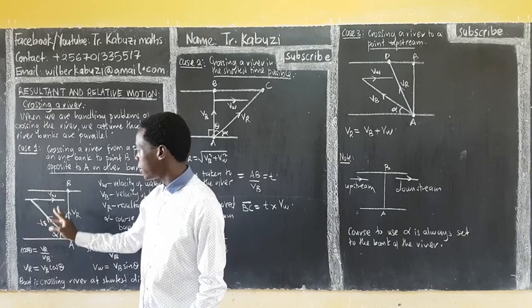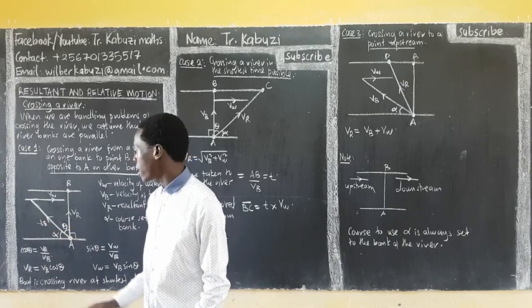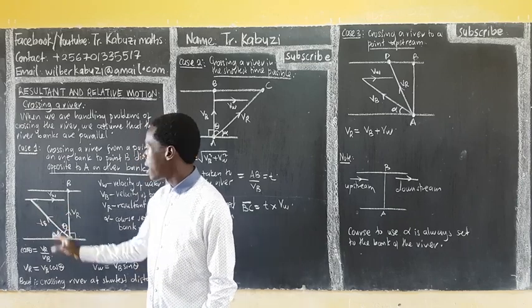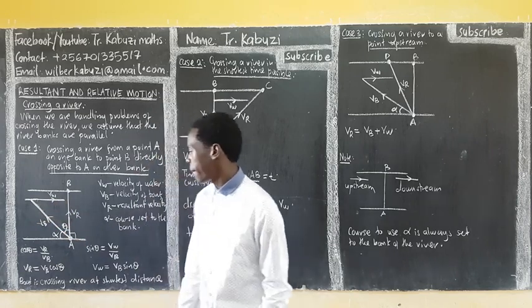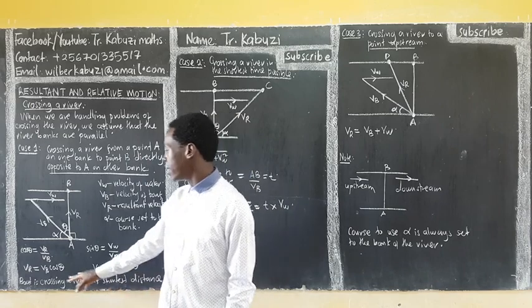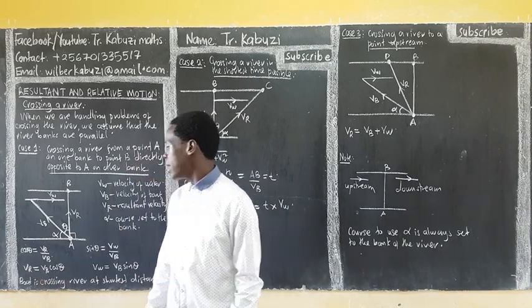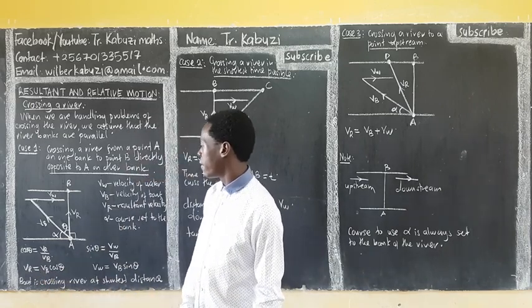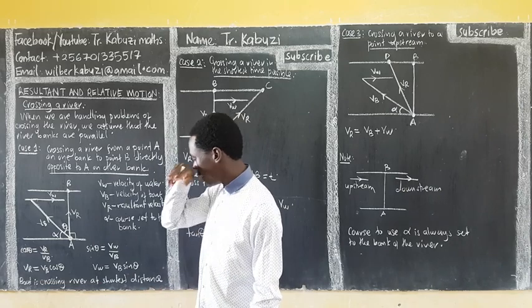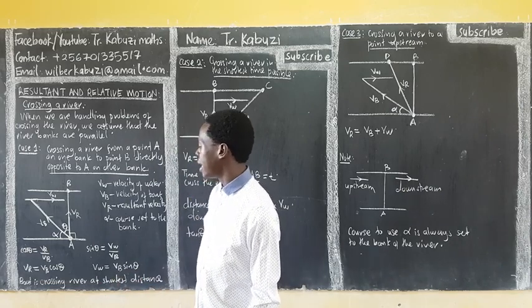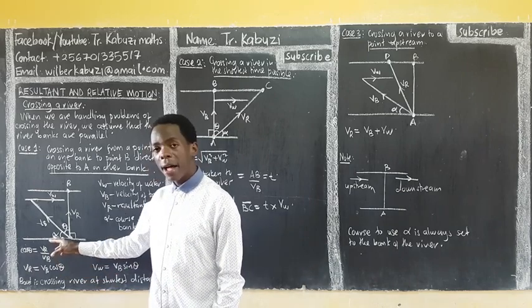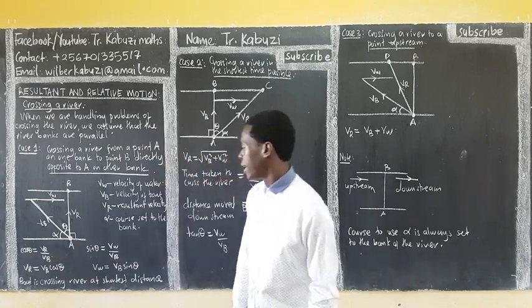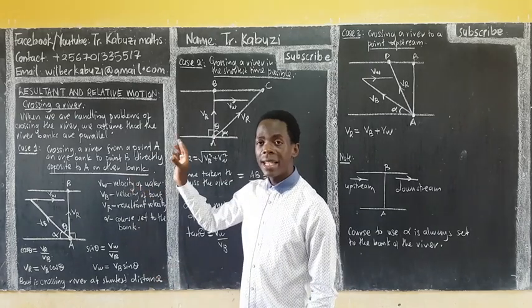This is our hypotenuse, and if you complete it, it forms a right angle triangle, and you can see that this is the velocity of water. So if you want to get the resultant, you get VB cos theta. If you want the velocity of water, you get VB sin theta. But note, the angle we always say is this alpha. Take note. So this is the boat crossing the river in the shortest distance.